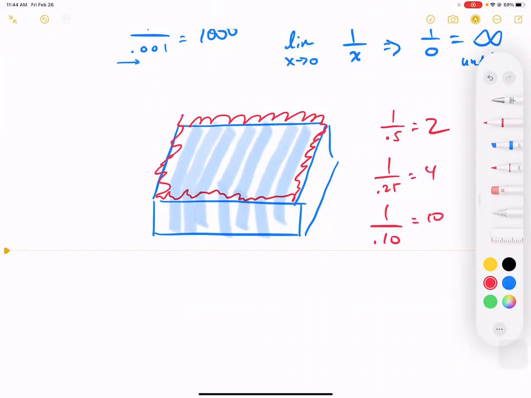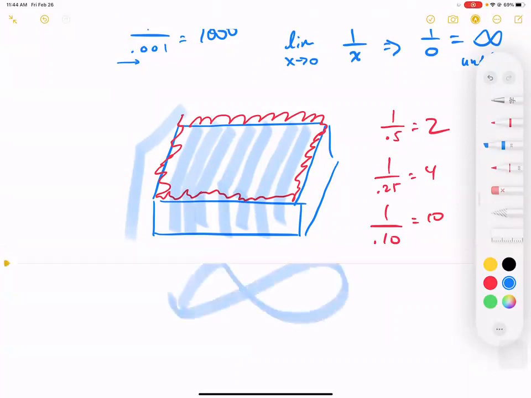Now, what if he says, I want a slice size of 0. Fine, here's your slice of 0. Nothing. How many slices can I come up with now? The slices are so small, it's nothing, right? How many slices do I have? I have infinity.